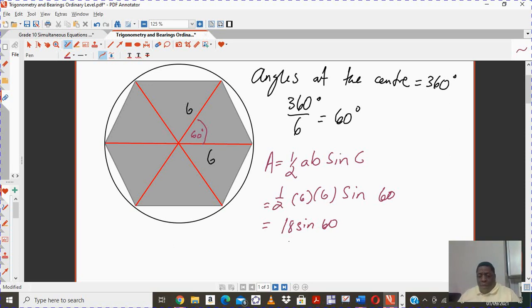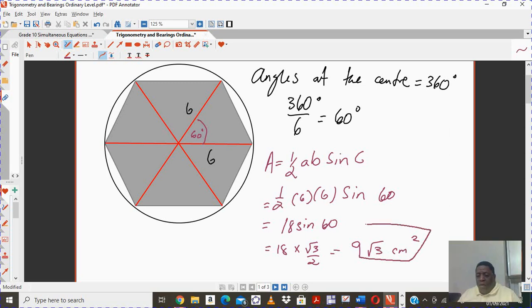And that is 18 times root 3 over 2, which gives you 9 root 3. All right, so this is the area of 1.